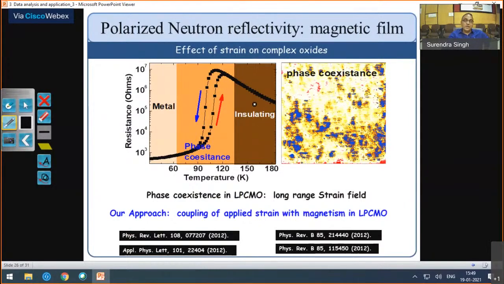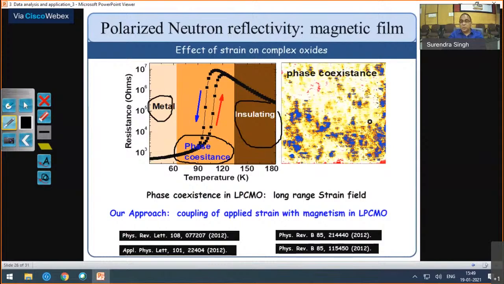So we have an insulating phase at high temperature, metal at low temperature, and in this region we have a phase coexistence, both metallic and insulating phase. From the magnetization measurement, people have seen that the metallic and insulating phases are nothing but the ferromagnetic and antiferromagnetic phases.